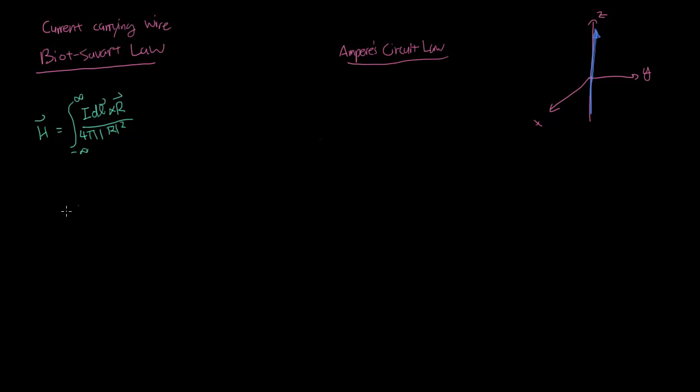In contrast, for Ampere's law, we're going to use the fact that the closed loop integral of H dot dl is going to give you the current enclosed to find the solution.